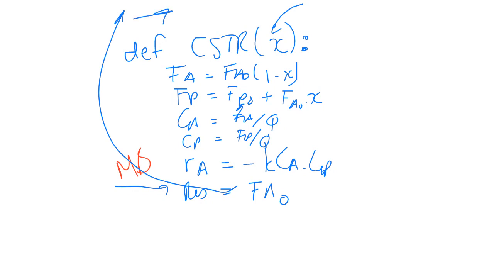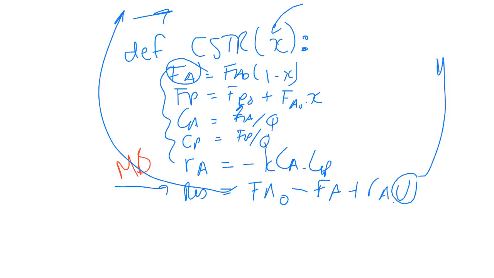So that's one of the constants, it's not one of my local variables, minus FA, which I calculate for each guess value of X, plus RA times the volume. And in this case, the volume was a known parameter, so it's a constant, so it's also outside my loop. That's a global variable, right? So this is what I am going to return.